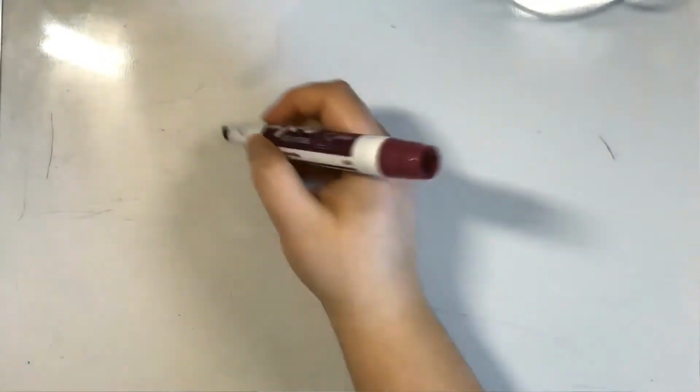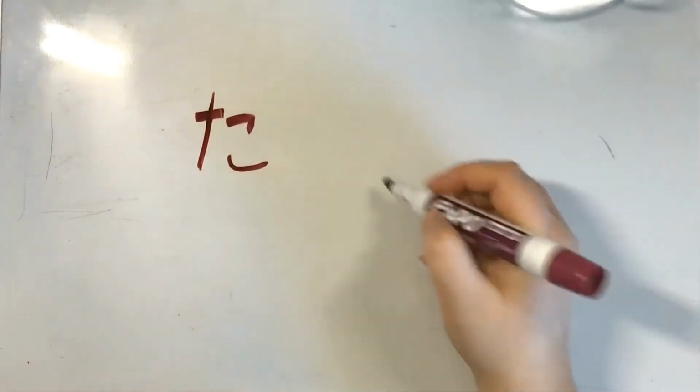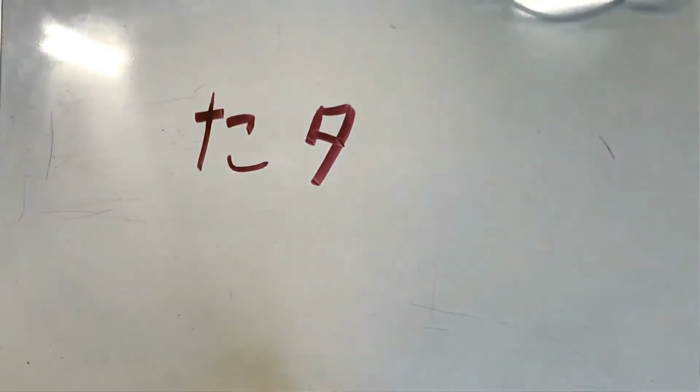We'll do a side-by-side comparison between the hiragana and the katakana. There's hiragana, and here is katakana. As you can see, there really isn't any similarity between the two. You'll notice that ta and ku look very similar, and I'll show you after I've shown you how to write ta.